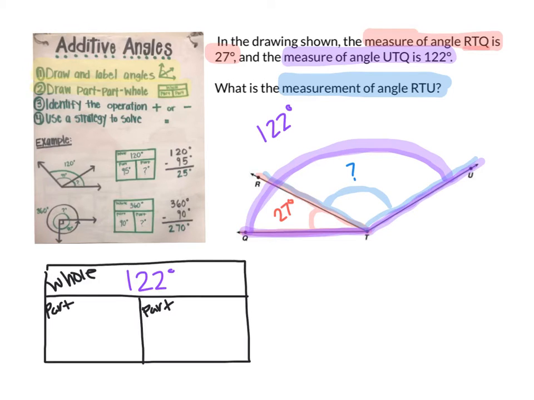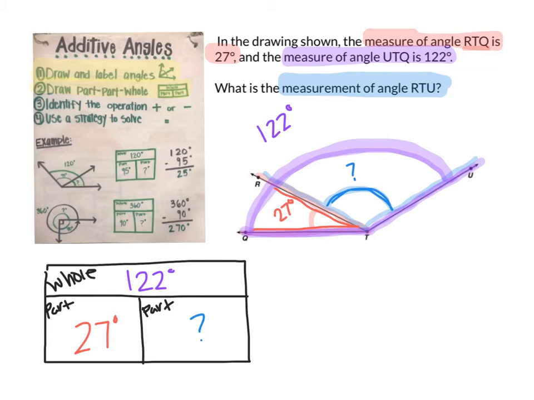Now when we look inside of our whole big angle, we see these 2 smaller pieces. We're given this part, 27 degrees, and we're missing this part. So I'm going to put a question mark there.